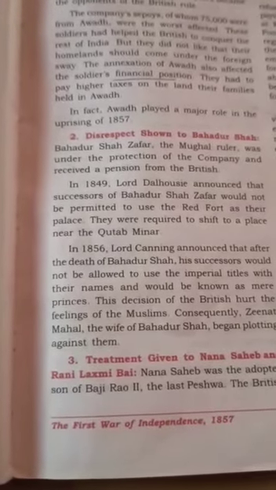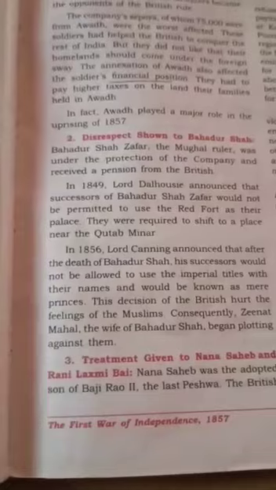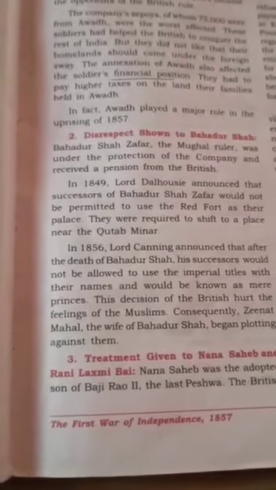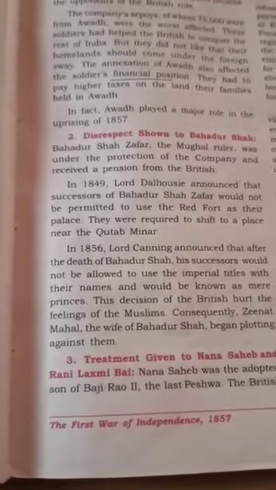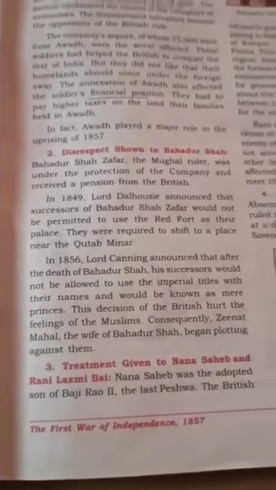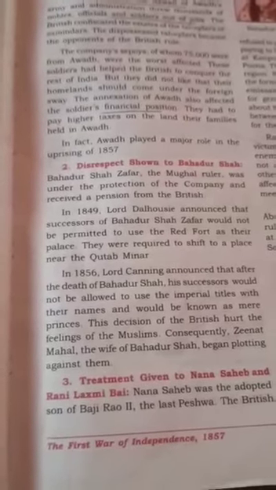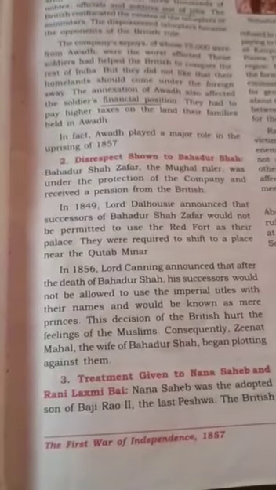This decision taken by the Britishers was not liked by the Muslims, and his wife Zeenat Mahal started plotting against the Britishers. So the disrespect shown to Bahadur Shah turned the Muslims against the Britishers.